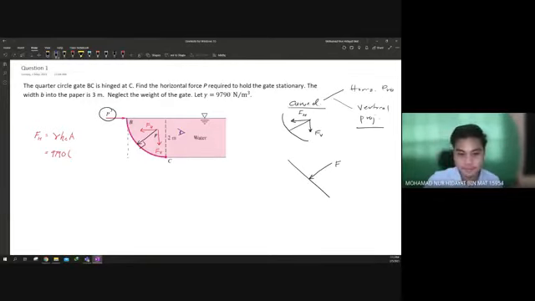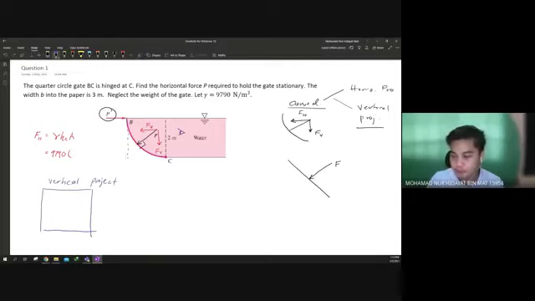Okay, you can see it is a vertical projection. So let's draw the vertical projection. This is vertical projection.